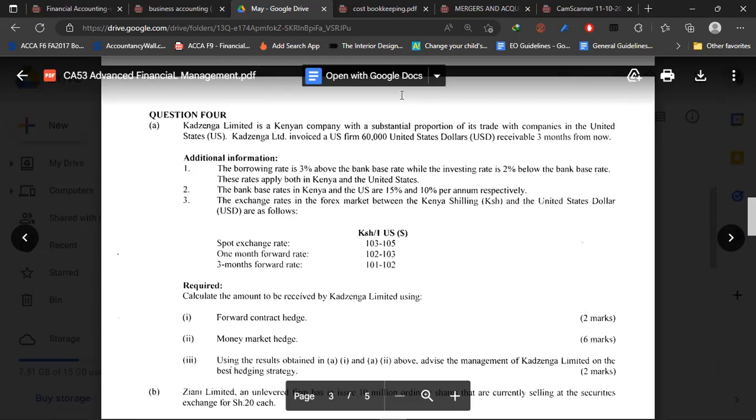Required, calculate the amount to be received by Kazenga Limited using forward contract hedge. 2, money market hedge. 3, using the results obtained in 1 and 2 above, advise the management of Kazenga Limited on the best hedging strategy.